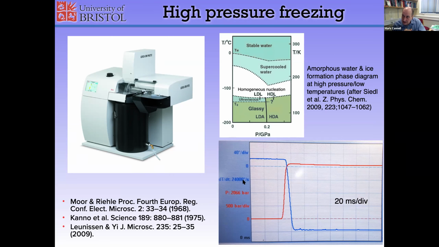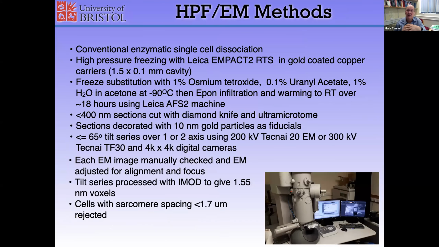So this machine essentially traps the structures in its carriers in amorphous ice in a matter of a millisecond or so. So there's no possibility of any ice formation, no disruption of structure. We've trapped all the structures in amorphous ice, and then we process it to look at it in the EM.